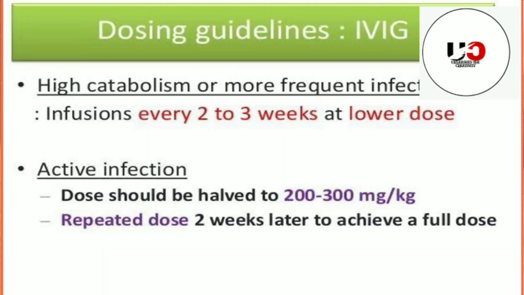But in case of an active infection, the dose should be halved to 200 to 300 mg per kg, and the dose repeated after 2 weeks, to reach a complete effect or achieve a full dose. So in two cases we can maintain the guidelines.